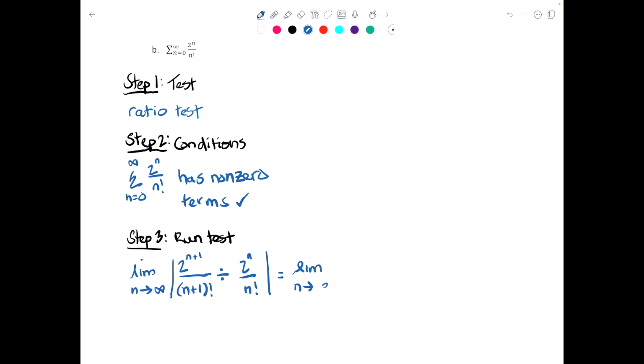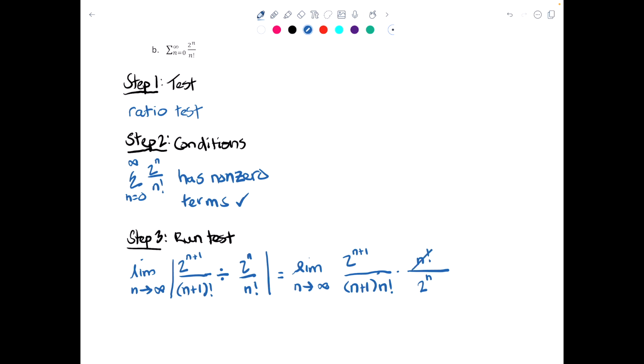So we'll have the limit as n approaches infinity of 2 raised to the n plus 1 over, I'm going to write this as n plus 1 times n factorial, because I know that we're going to have an n factorial that we're dividing out, and then we'll have our 2 to the n.